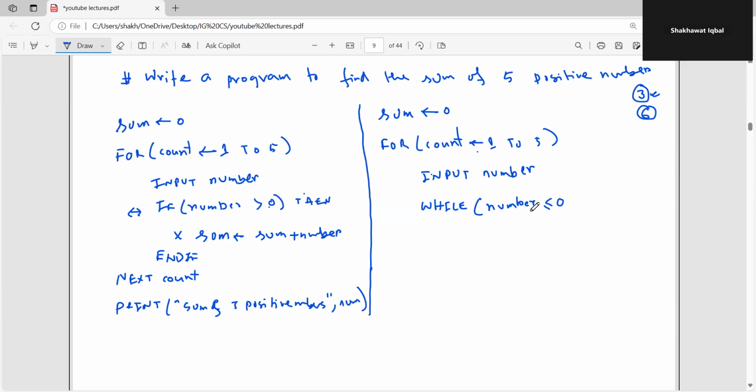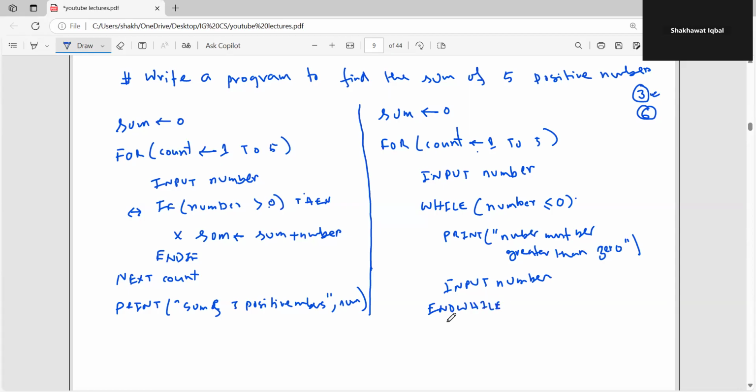So while his number is less than or equals to 0, we'll give him a prompt or a warning: number must be greater than 0. Okay? And then I'll ask him to input number again inside the loop. Then end while.